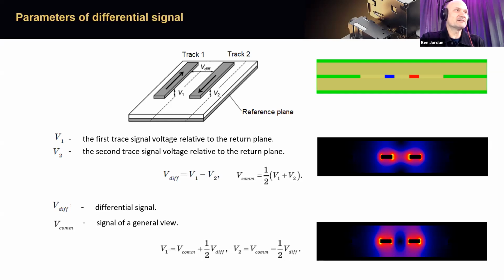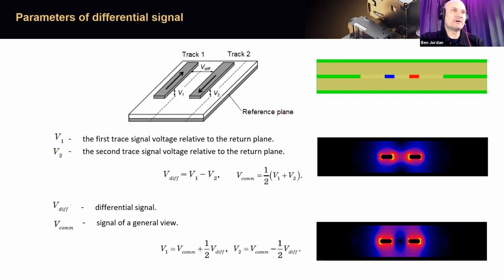Then V2, the second trace signal relative to the return plane. That's our complement. And the V diff, which is the difference between them, is quite simply V1 minus V2. And the common mode voltage, Vcom, would be half of V1 plus V2.